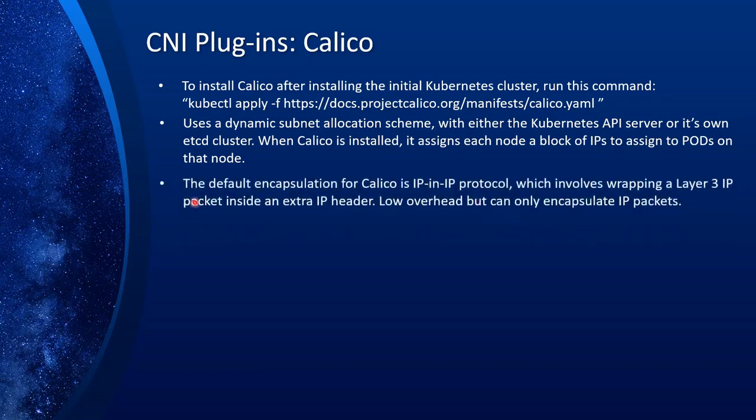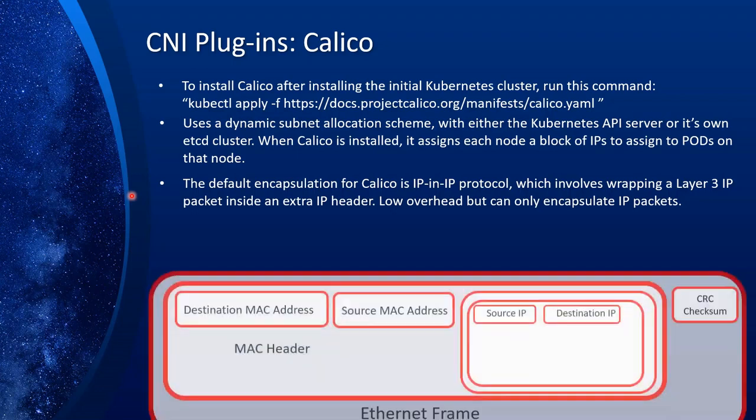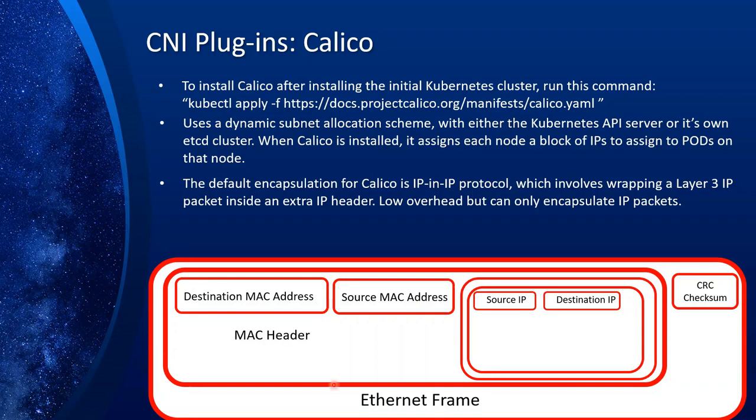The default encapsulation for Calico is the IP-in-IP protocol, which basically involves wrapping a layer 3 IP packet inside an extra IP header. Let's see how that really works. This is an Ethernet frame, which consists of the MAC header, the data, and the CRC checksum. These are routine.